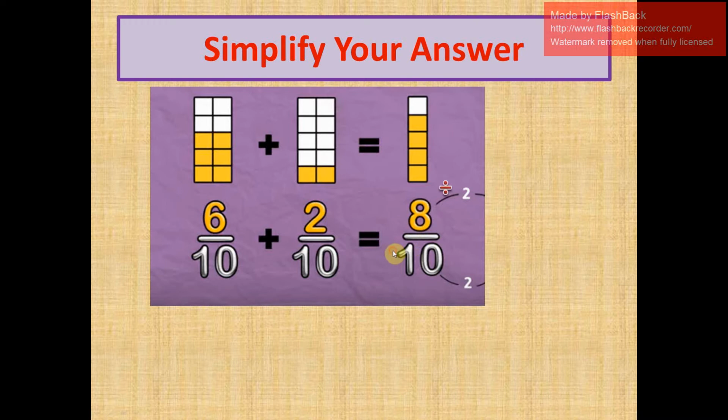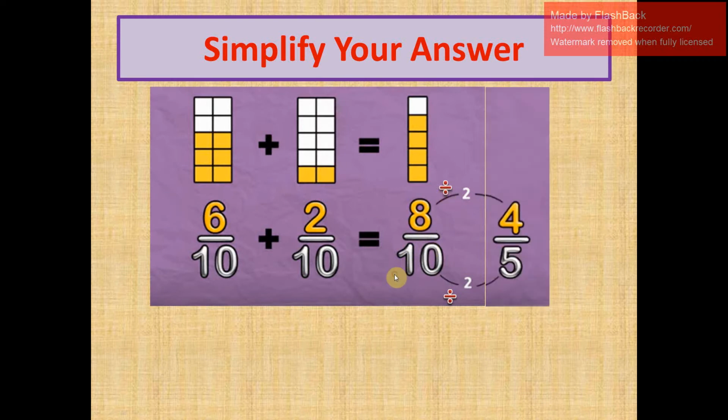So you have to divide both numerator and denominator by 2. 8 divided by 2 equals 4, and 10 divided by 2 equals 5. So the answer will be 4/5.